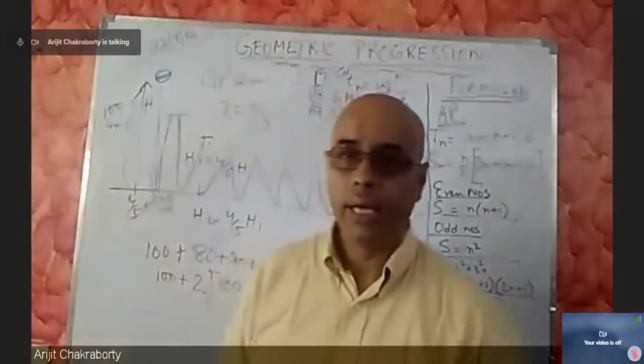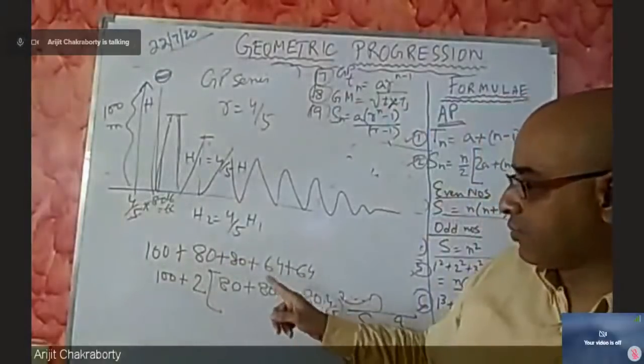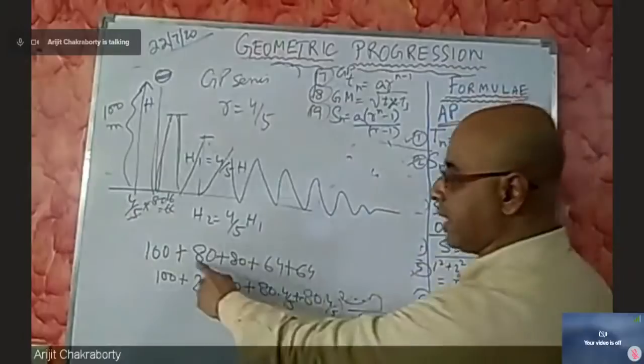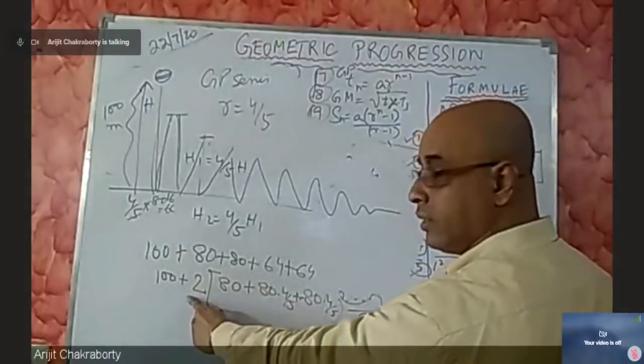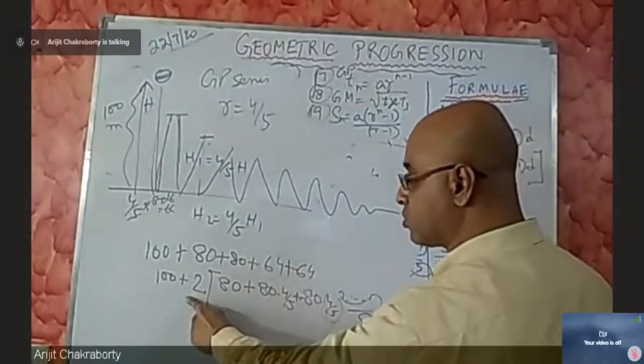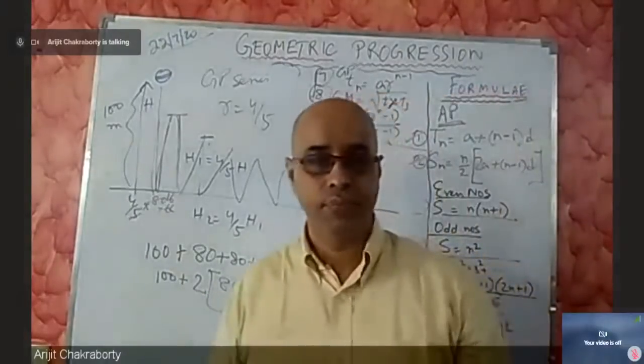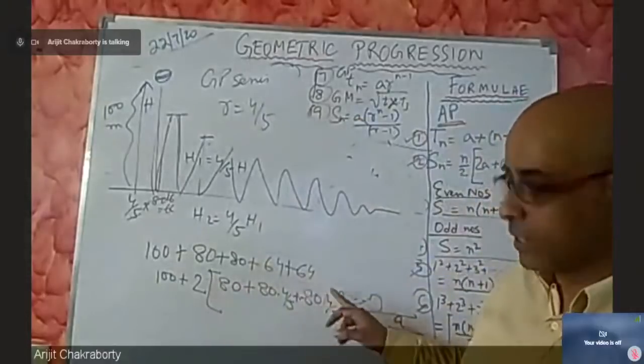Now we have this expression, 100 plus 2 into, because you see 80 and 80, so I am taking 2 common. 64, 64, I am taking 2 common. And 64 is nothing but 80 into 4/5. So it becomes an infinite GP series.